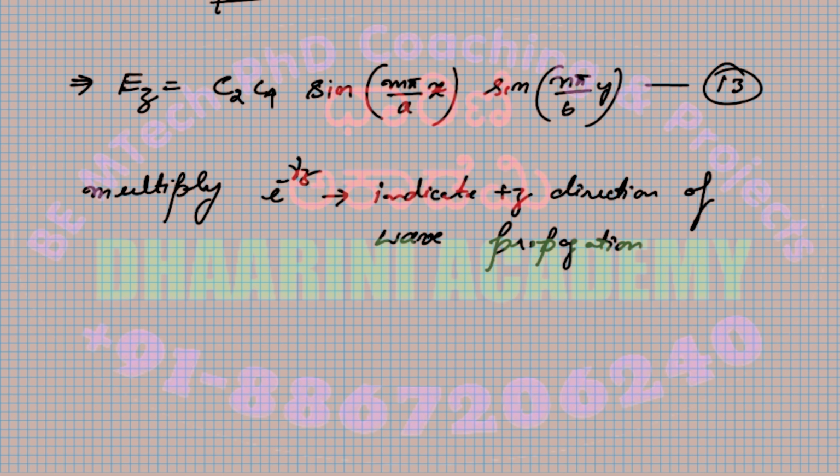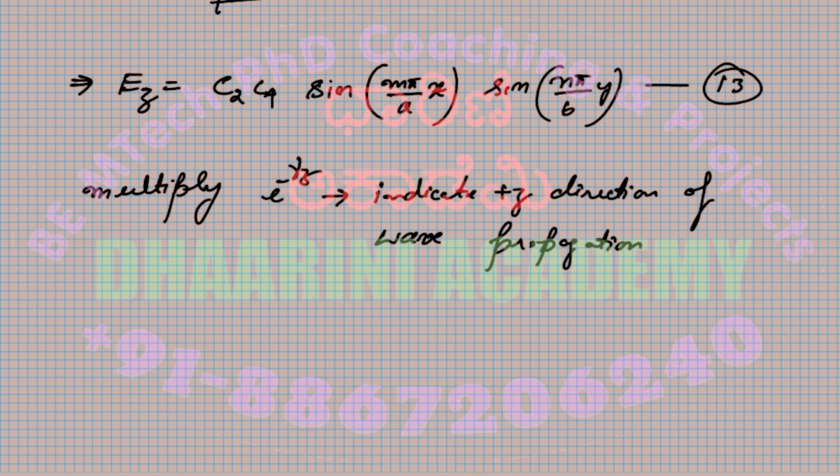Even if you don't remember that, it's fine. You simply think: wave propagates from sun to earth. We know the direction. We assume that this is the z-axis, so we added e to the minus gamma z. What else is needed to represent that wave? Just think about that, you will get the answer.